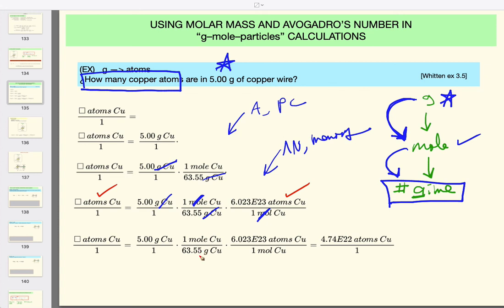That's okay. Or you could do 5 divided by 63.55 times 6.02 times 10 to the 23rd. It doesn't matter what order you do, multiplication and division are commutative. All you have to remember is if the number is in the denominator, precede it with a divide by sign. If the number is in the numerator, precede it by a multiply sign, and you will have it.